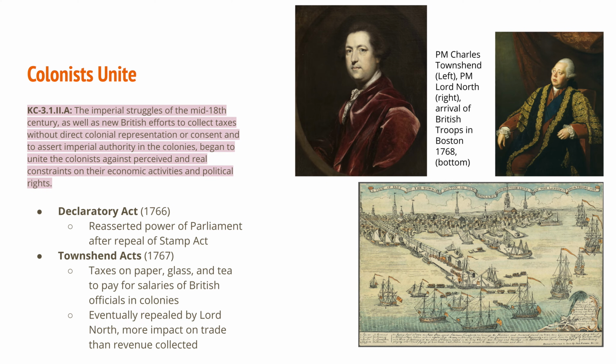And so in 1767, they passed more of these taxes on paper, glass, and tea, and they were meant to pay for the salaries of the British officials in the colonies. The main reason for this was that they wanted to make the legislatures less powerful over the salaries of these officials, give them more independence, and so therefore the colonies would have less control over their own affairs.